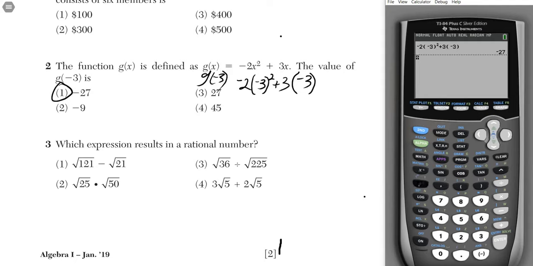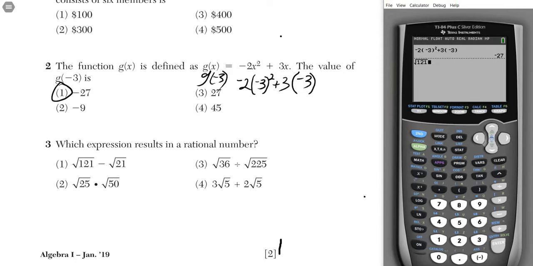Choice 1, square root of 121 minus... so that's an irrational number. See all those numbers after the decimal point? That tells me it's an irrational number.